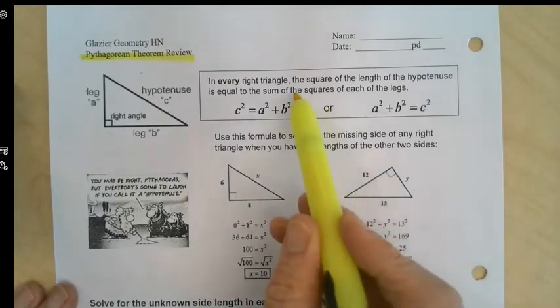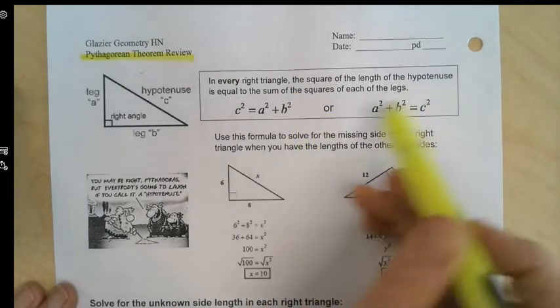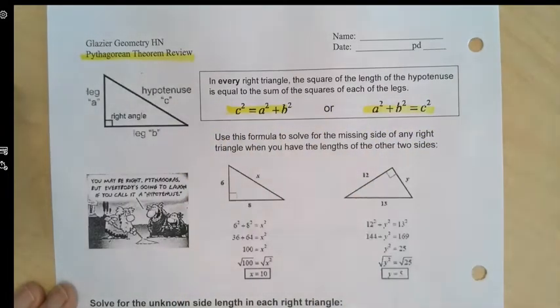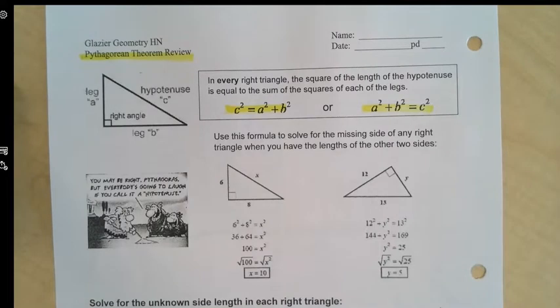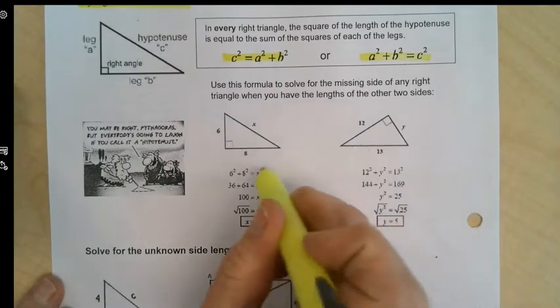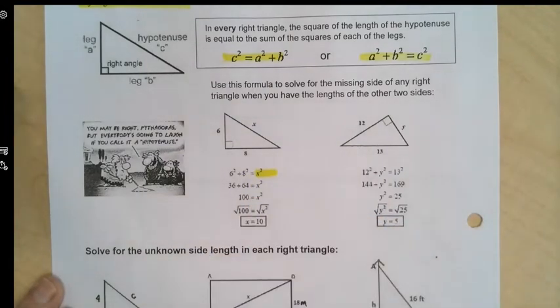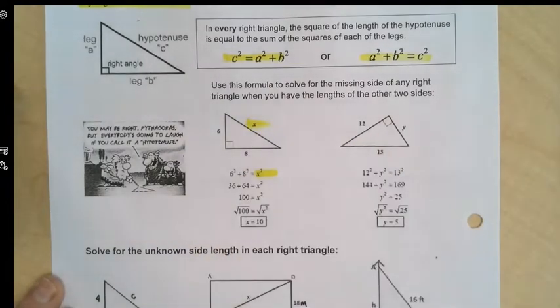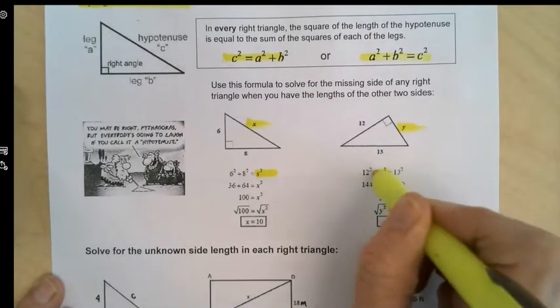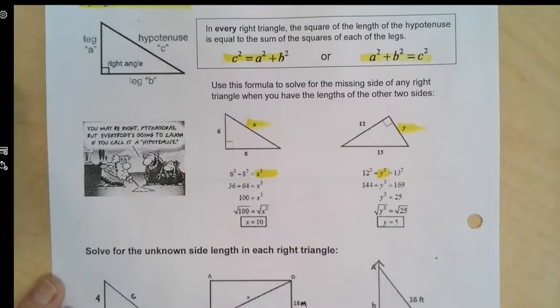In every triangle, the square of the length of the hypotenuse is equal to the square of the other two sides. So we have 2 samples for you to study. One where my missing side is the hypotenuse, and one where my missing side is one of the side lengths.